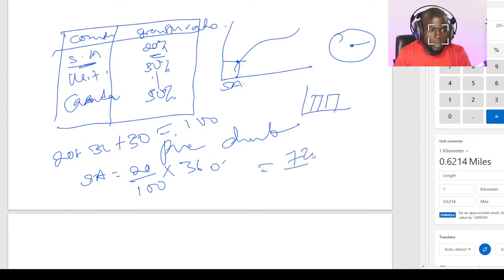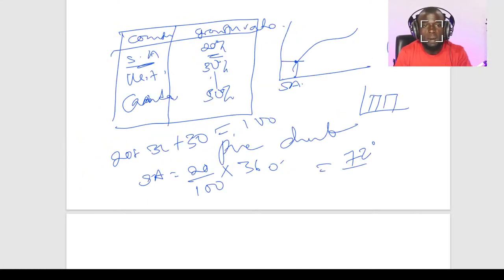So this is going to be 72 degrees. So when I'm plotting, I'm supposed to plot 72. When I'm using my protractor, I bring this protractor, I put it here, and then I measure anti-clockwise 72. If 72 is here, then I put 72 here. You understand? And then now I go to another one.